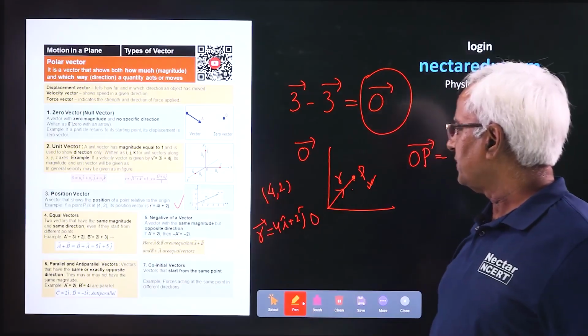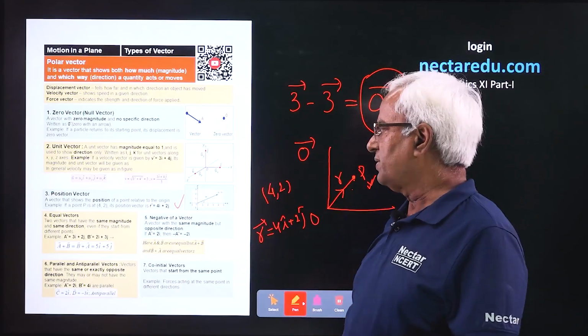This would be the representation for position vector.